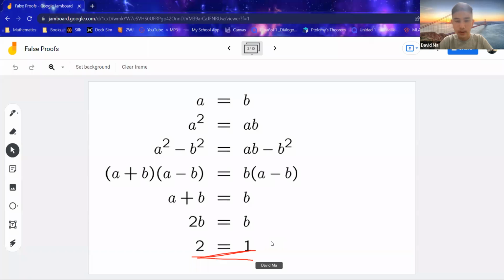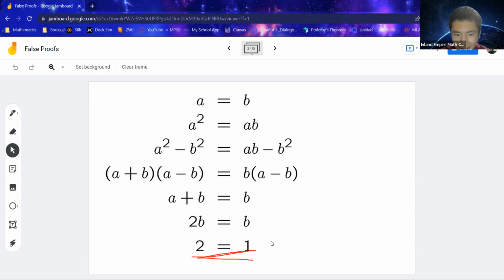Joyce, Lloyd, do you want to give it a try? Something very similar to the last example happened here as well, and it gave us this fallacy. Do you want to tell us why we got this result?